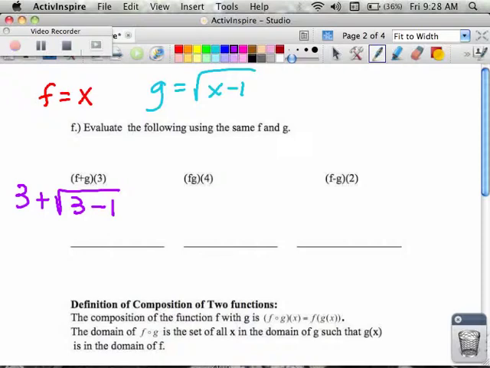The x is being plugged in for each place for the variable. I should always simplify, so my final answer should be 3 plus the square root of 2. Remember to always write things in their simplified form.